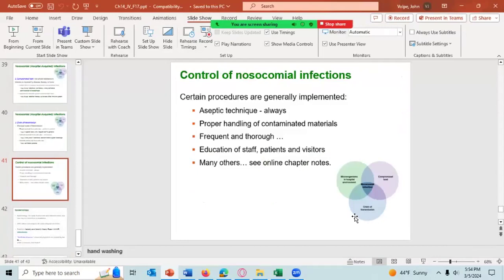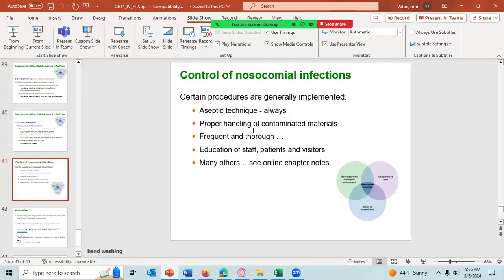There are certain procedures that are generally implemented to prevent the spread of nosocomial infection. So when you're working in the healthcare industry, you have to control nosocomial infections. First, you've learned aseptic technique in microbiology. Now, when you're working with the patients, you always follow aseptic technique.